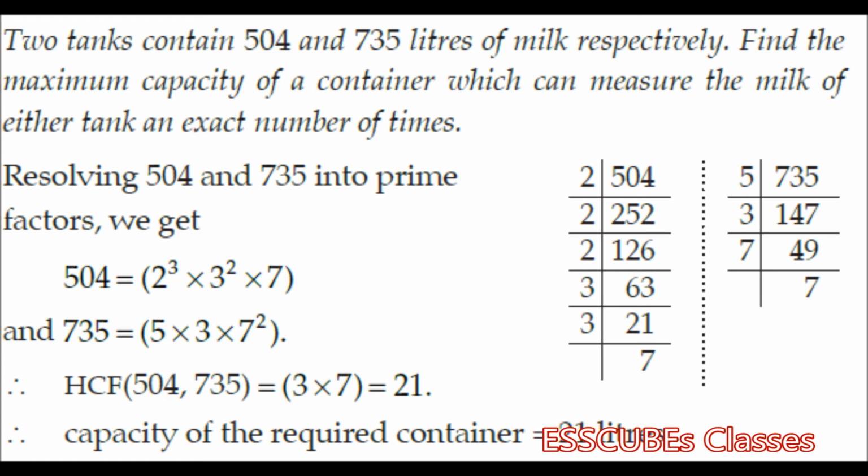On resolving 504 and 735 into prime factors, we get 2 cube, 3 square and 7 for 504, and 5, 3 and 7 square for 735. That leaves us with the HCF to be 21. So the capacity of the required container is nothing but 21 liters.